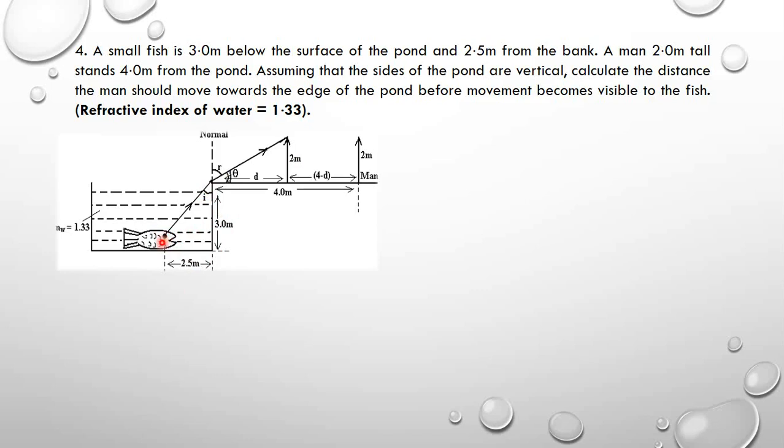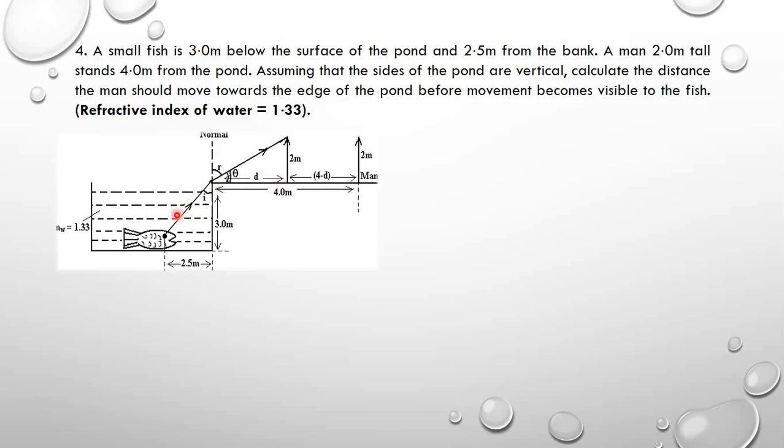Now we are going to draw a ray to the edge here because we want to get the minimum distance, so that this man can just be seen.